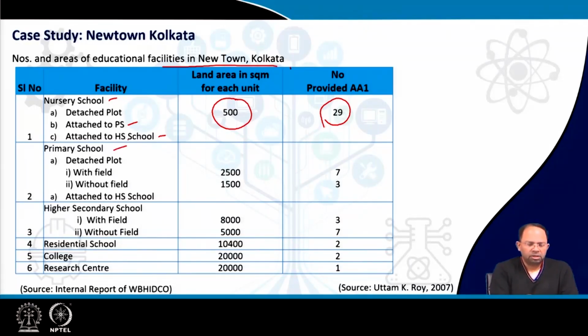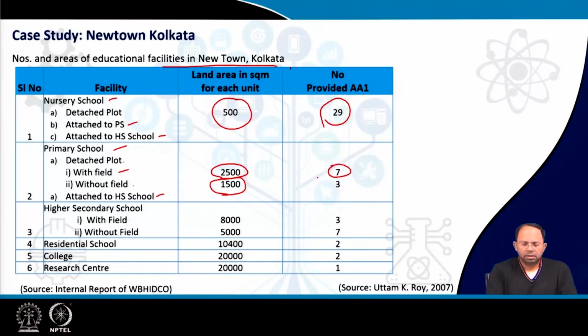Then primary schools were either in a detached plot or attached to a high school. Detached plot primary schools either had a play field or no field. With field the size allocated was 2500 square meters, whereas without field the plot size was 1500 square meters.